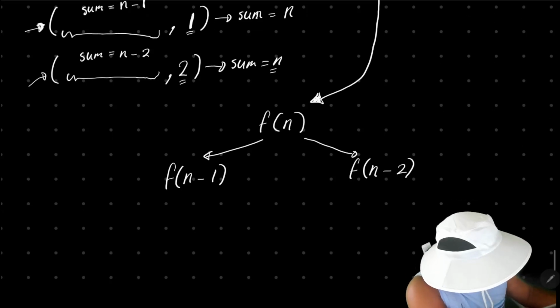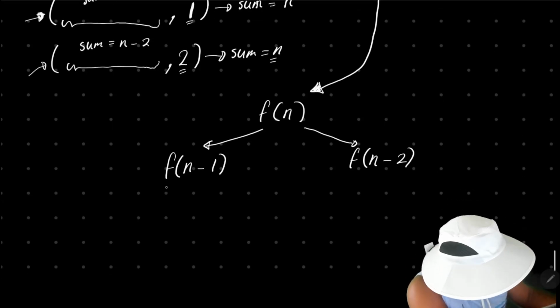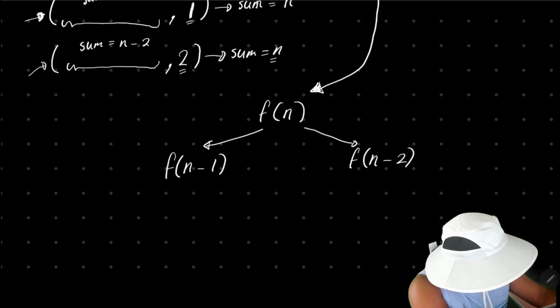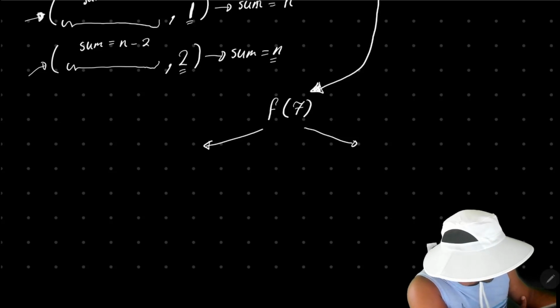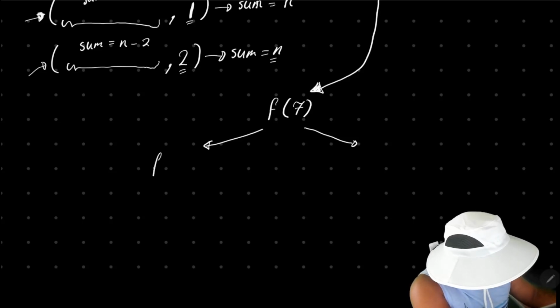I'm going to put numbers, I think that will be a lot easier to grasp. If you have a staircase of size, let's imagine, 7, the number of ways for a staircase of size 7 will be the number of ways for a staircase of size 6 plus the number of ways for a staircase of size 5.